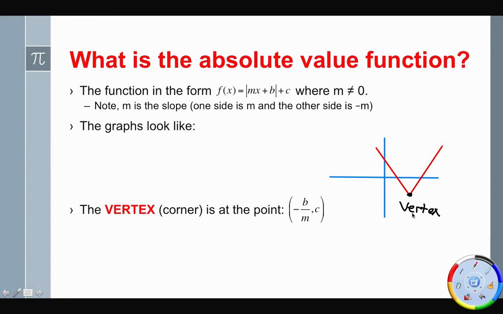So that's the vertex of my absolute value function. And we can find the vertex by doing the opposite of b over m. So we find the value of b divided by m and make it the opposite of what that value is. Again, you'll see what that means in a few minutes. And then the y value is the c value that's on the outside.